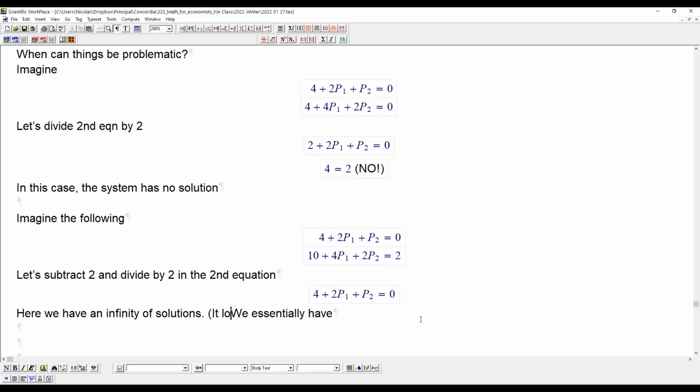It looked like we had 2 equations, but we essentially had only one, because they describe the same set of points.